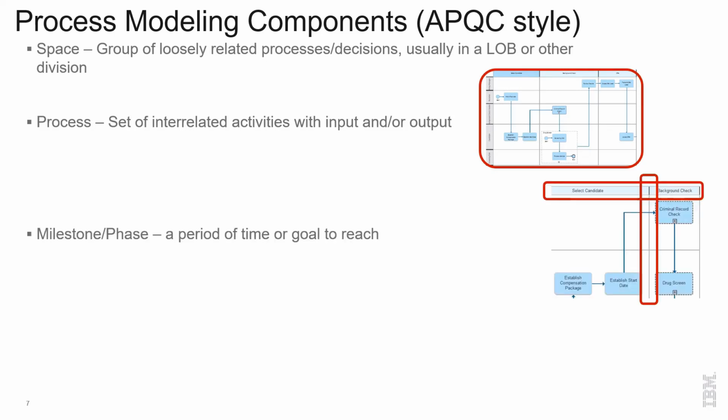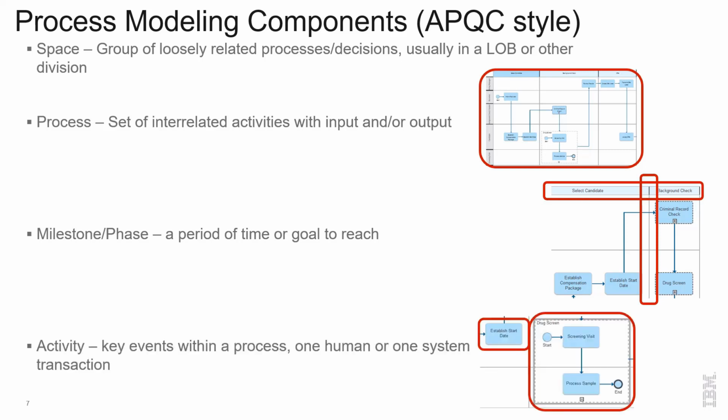You have your milestones, which determine a point of, hey, I've completed something. I'm not typically going back to that step. It's done, that activity. So it allows you to visually map out major milestones during a process. And then we have, of course, individual activities, which are human or system activities or a decision activity.